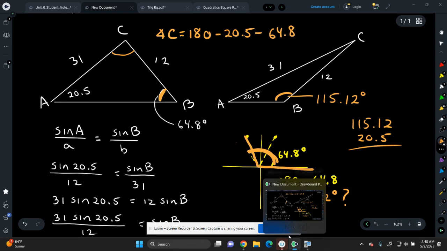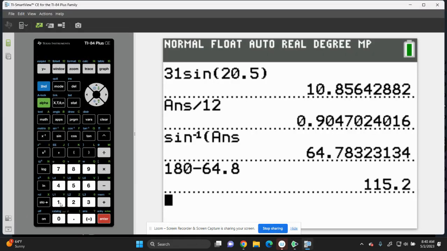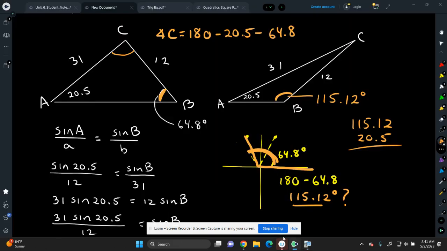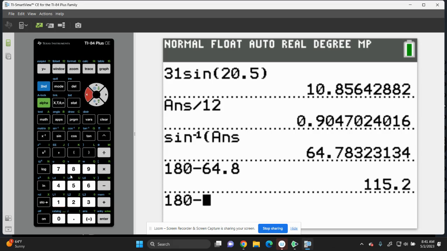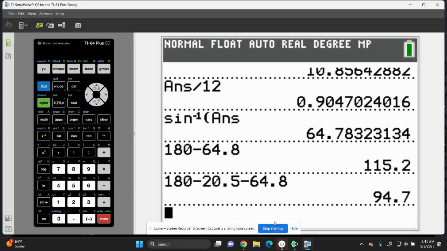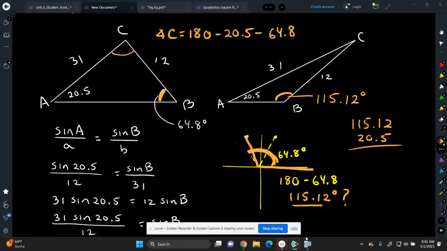So let's figure out what angle C is. So angle C is 94.7 degrees.